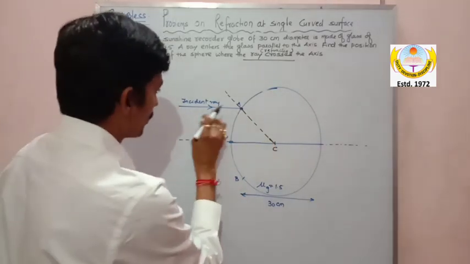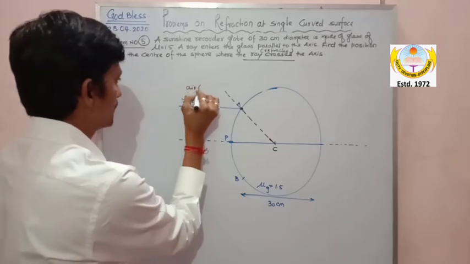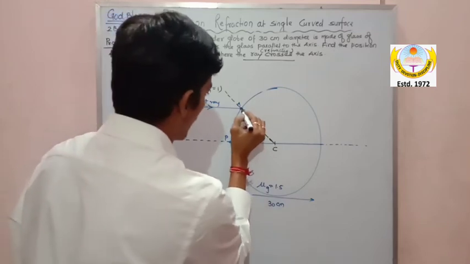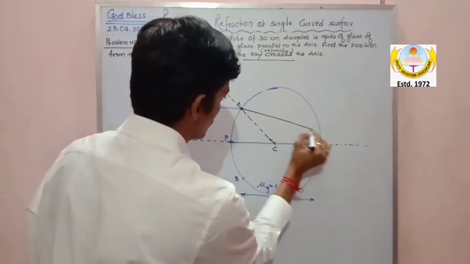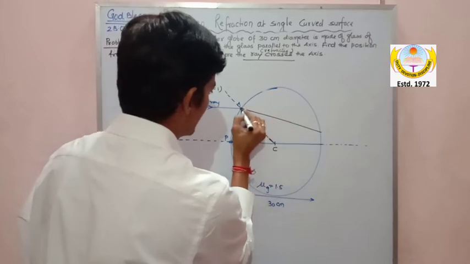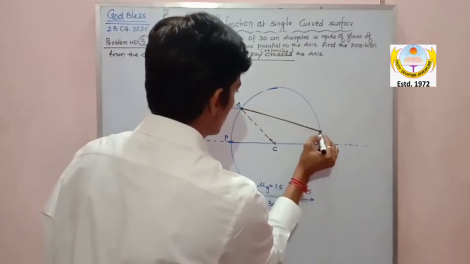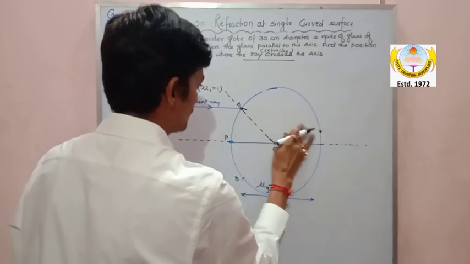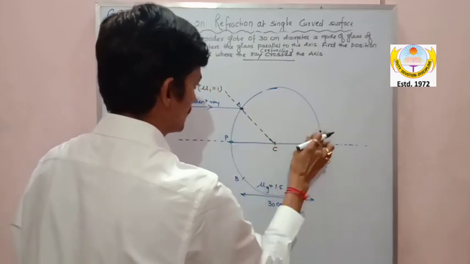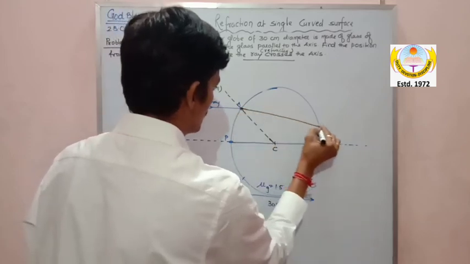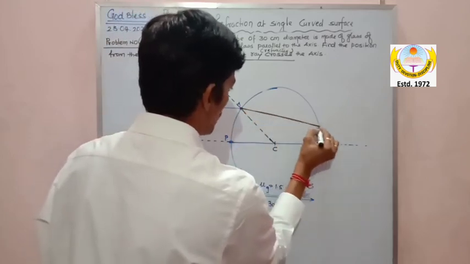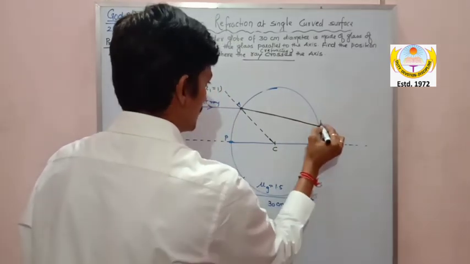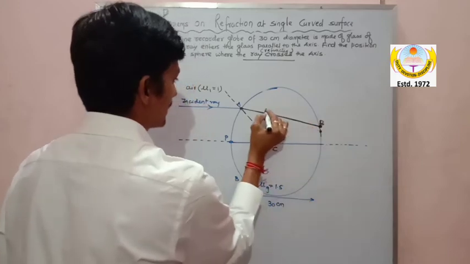And of course, it is coming from air having mu1 equal to 1 going into glass, so it will be bent towards the normal. Like this. And I am bending it a little more. It will bend towards the normal along AB, this is the refracted ray.